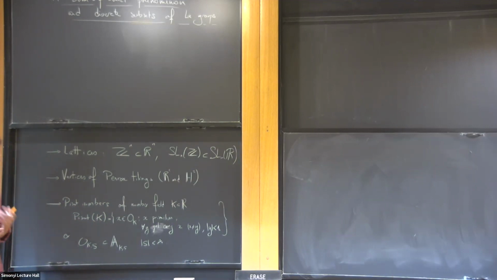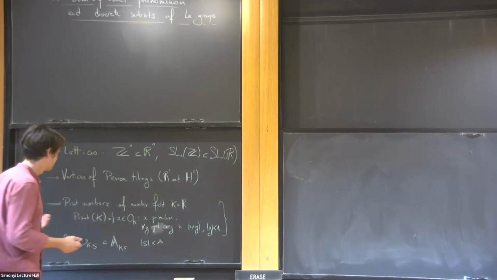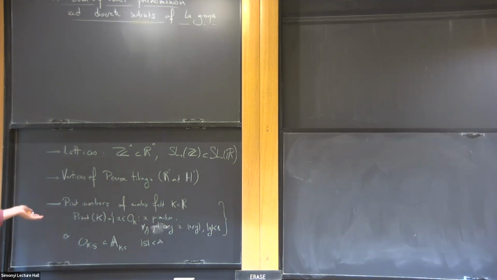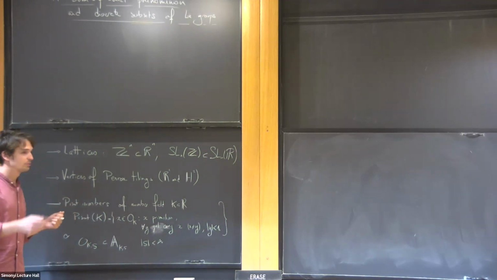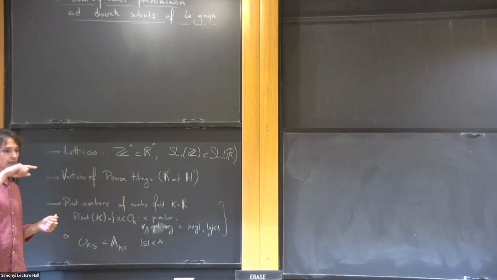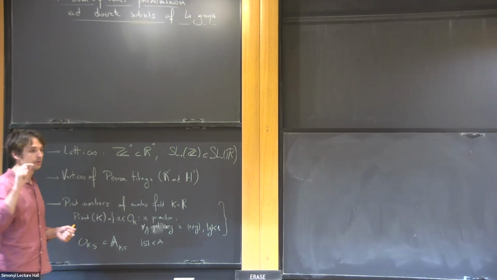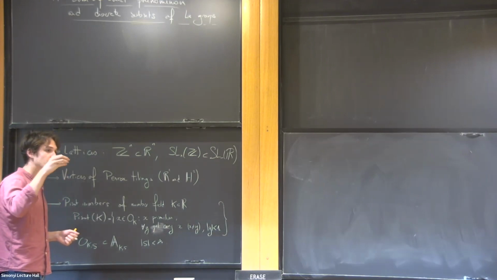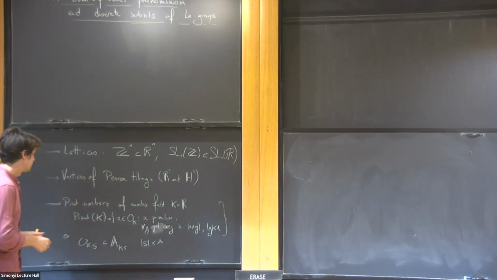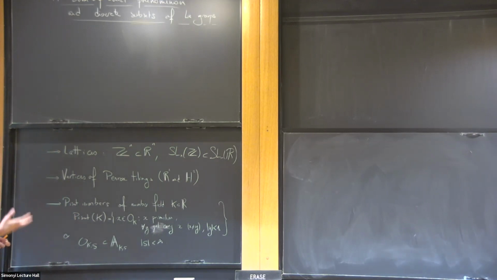And the last one is maybe for the more number theoretically minded people here, and it's what we call the Pisot numbers. The Pisot numbers, if you want to say it quickly, are the algebraic integers such that all of their Galois conjugates have a norm smaller than 1. I'm going to be a bit more specific than that.